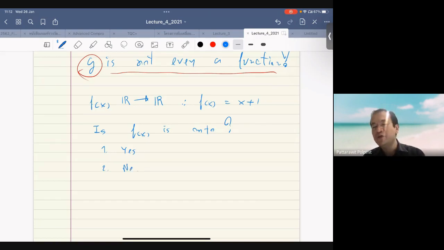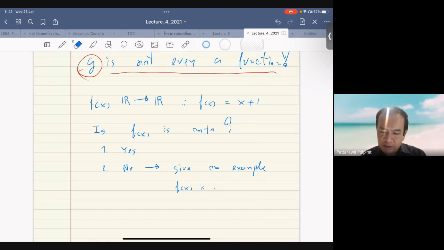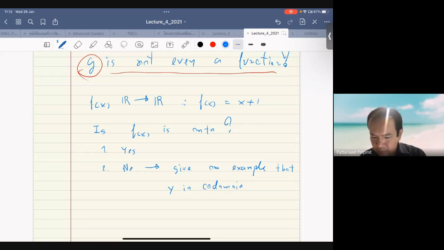And similarly to a one-to-one function, to answer no is easier, because you just need one example, I should be more specific, that a y in the codomain is not mapped.